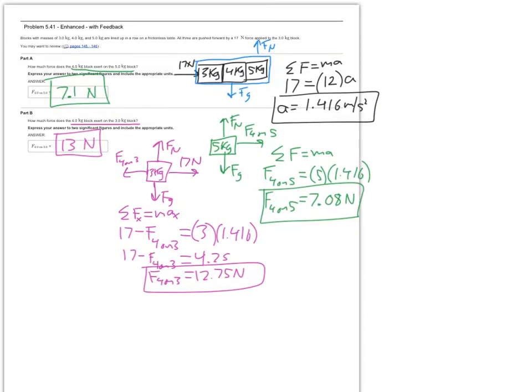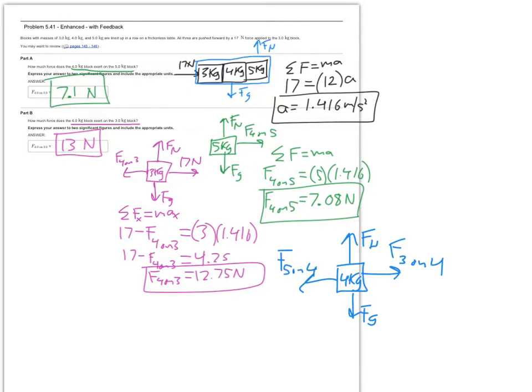In case you wanted to go about it a different way and look at the forces acting on the 4 kilogram, we would have normal and gravity. The thing pushing the 4 kilogram to the right is the force of the 3 on the 4. And then because the 4 kilogram is pushing the 5 kilogram, we would also have the force of the 5 back on the 4.